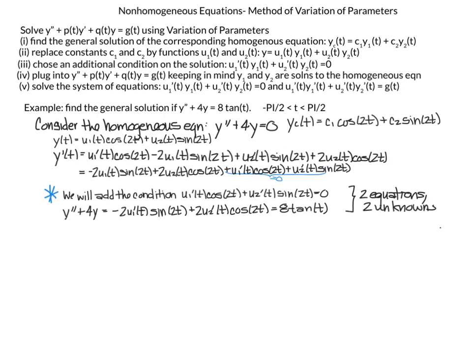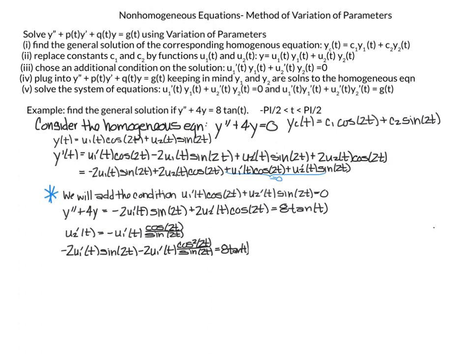And from here, the algebra, the trig, the integrals, they get a little messy, but that's really all it is. This is the stuff that you've known how to do since first year calculus. It is a little messy, so we'll go through it. It's easy to start. You have this equation here, so we can solve for u2 prime in terms of u1 prime.